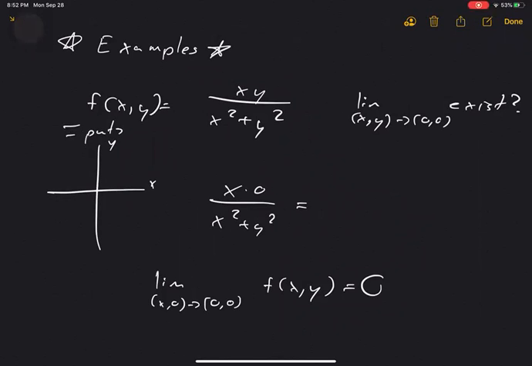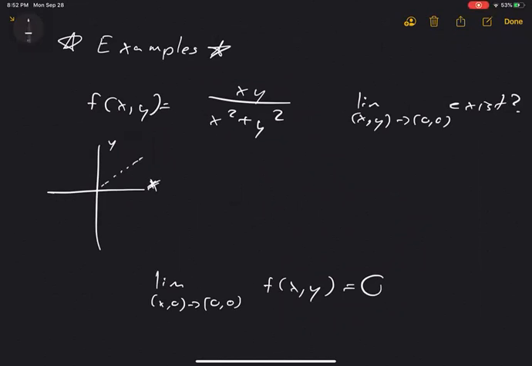Here's another common path we could try. Some of the paths you check are very often similar in different problems. Paths that you want to check are along the x-axis, along the y-axis, and this other one, which is another common one.